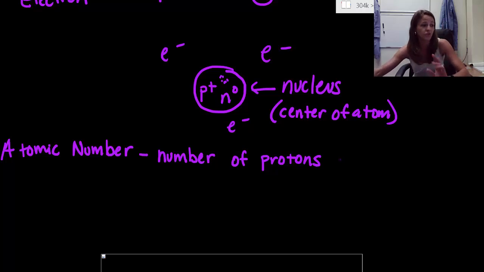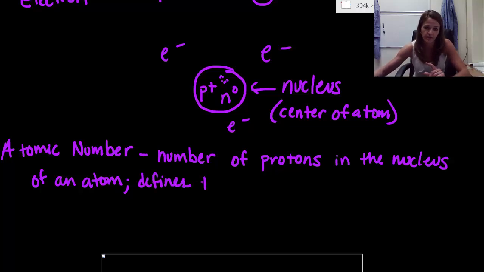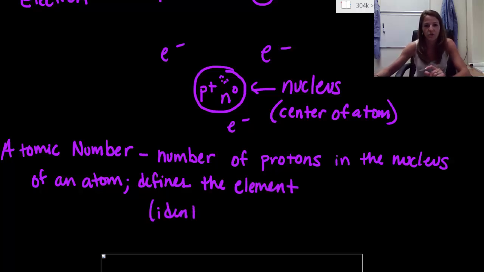An atomic number is your number of protons in the nucleus of an atom. But I'm going to add something onto this. It defines your element. Another way of saying that is it gives it an identity. Using your atomic number, you can determine which element you're talking about based on the protons.